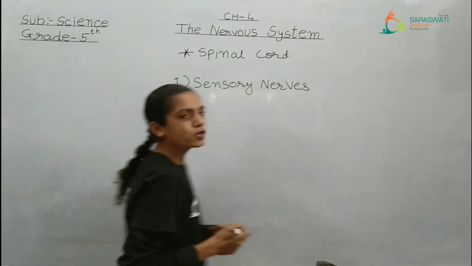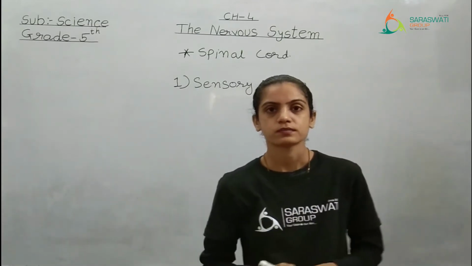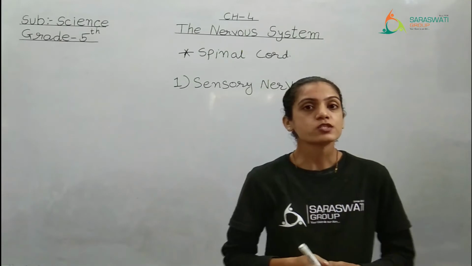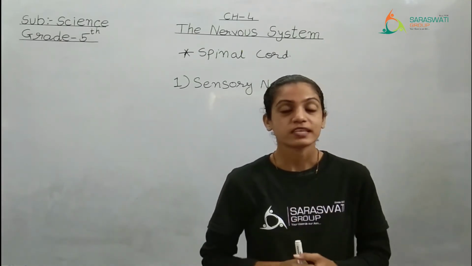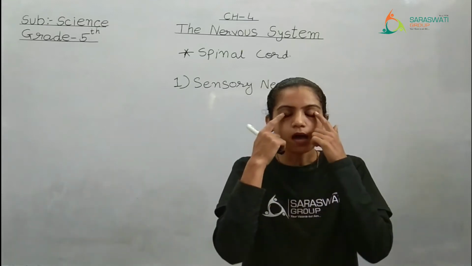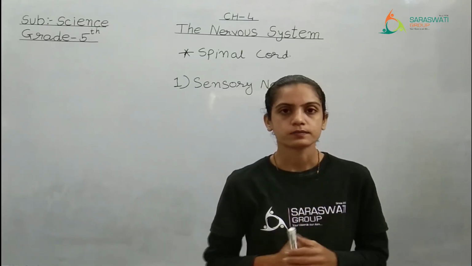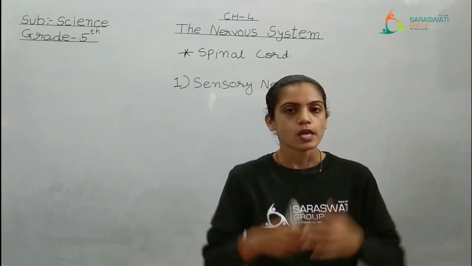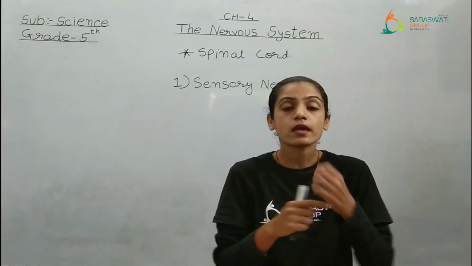The first one is sensory nerves. Now kids, do you remember what is the sense organ? Yes. How many sense organs are present in our body? 5. Can you tell me that? Eyes, nose, tongue, ears, and the larger one which is covering our entire body, that is skin.